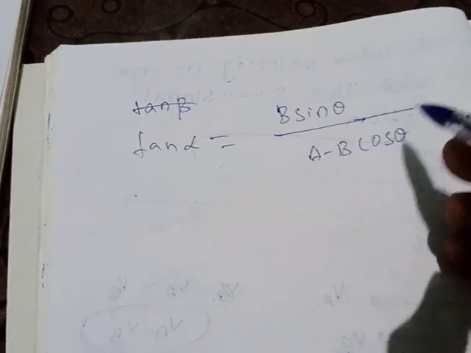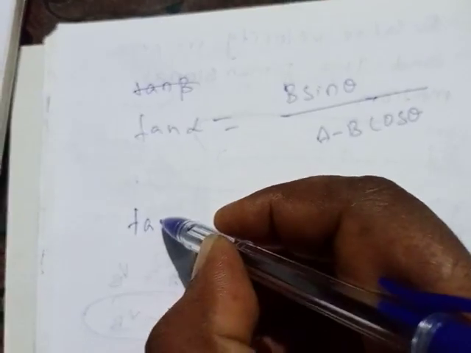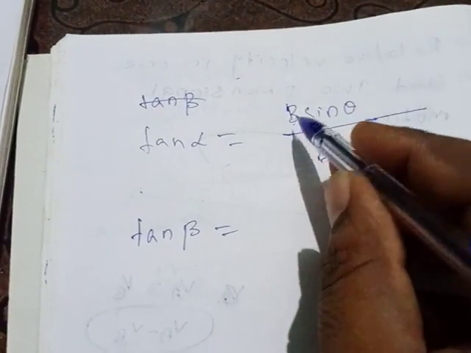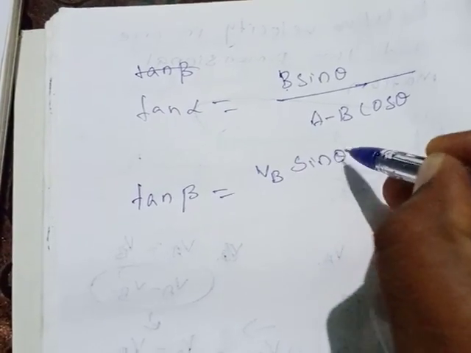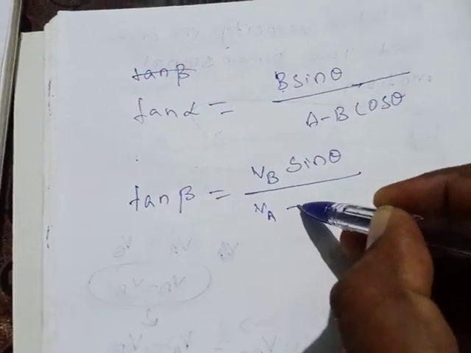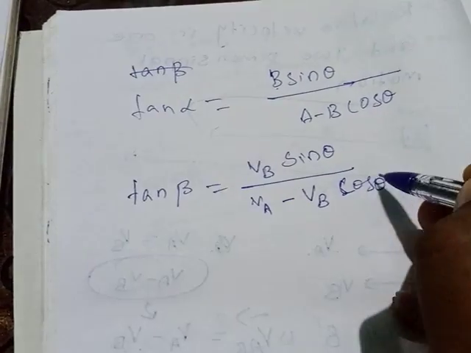The same formula is used here. So you can write tan beta is equal to VB sin theta by VA minus VB cos theta.